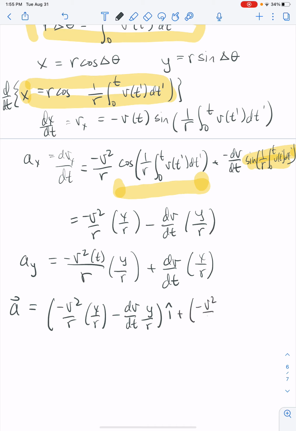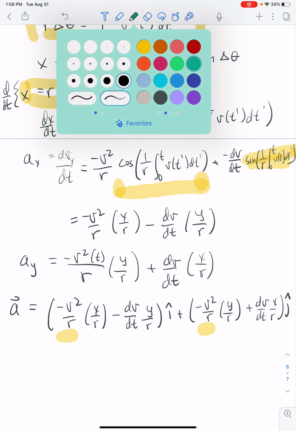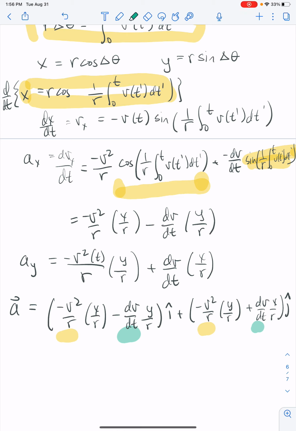And then negative v squared over r y over r plus dv dt x over r times j hat. That doesn't look better yet, but let's keep going, and let's put all the terms that have a v squared over r in them together and all the terms that have a dv dt in them together, and see if that helps us clean this up at all.